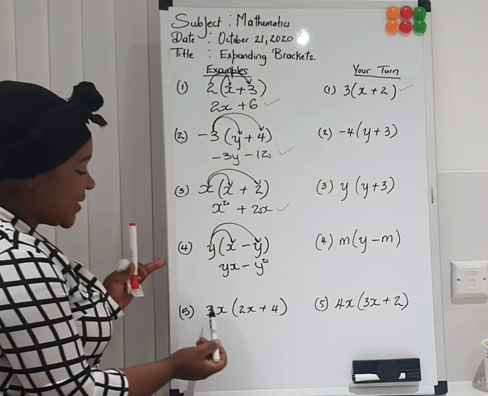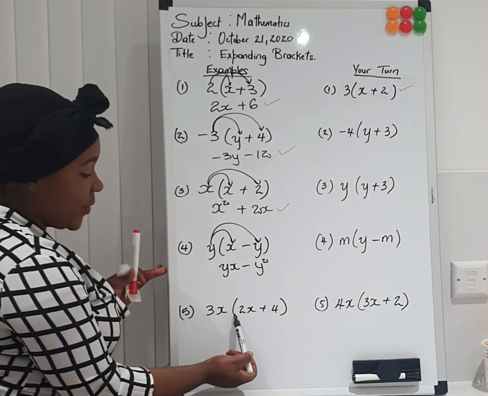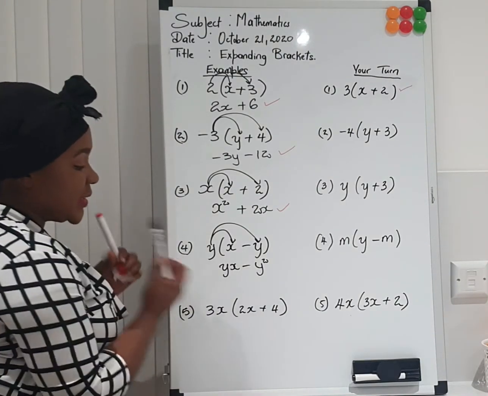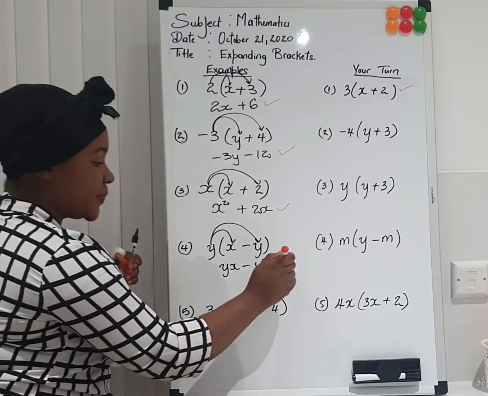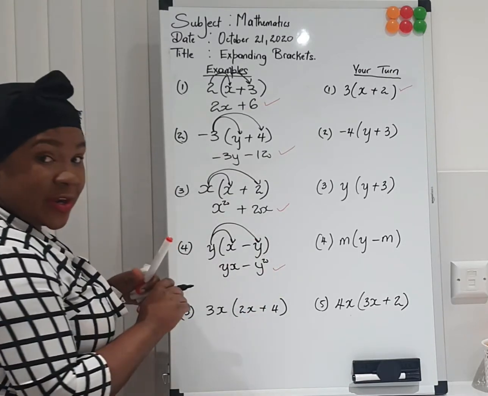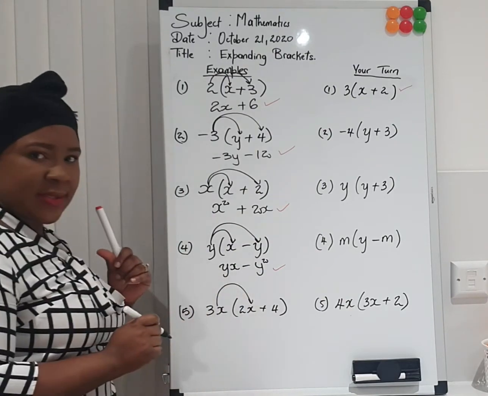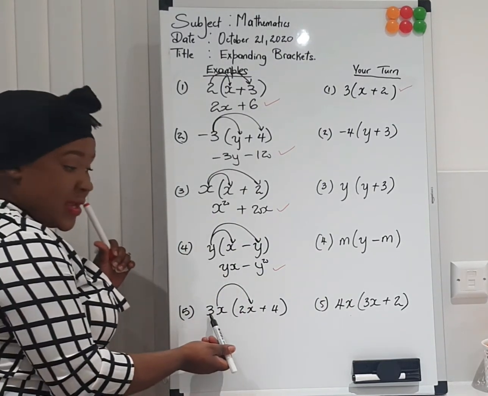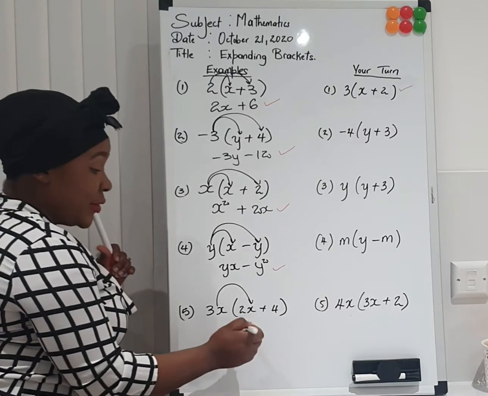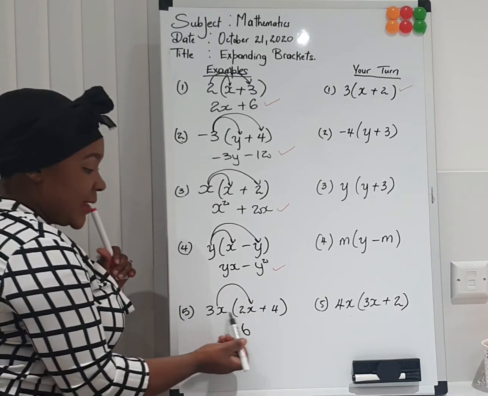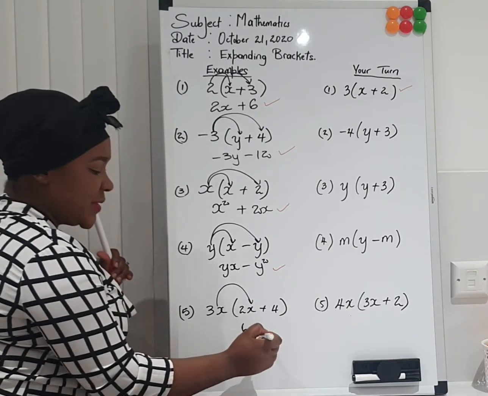And then we're at the final question there, and it says 3x, open bracket, 2x plus 4, close bracket. So we're going to go ahead and we're going to say 3x times 2x. So that is 3 times 2, which gives me 6, x times x, which gives me x squared.